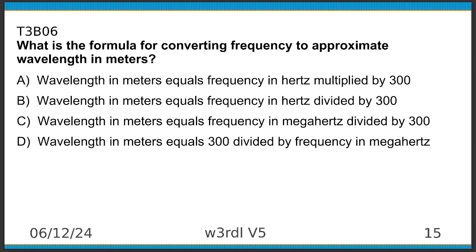We have the frequency and we want to find the wavelength in meters. Carl says C, wavelength in meters equals frequency in megahertz divided by 300. Other way around. So it's D: wavelength in meters equals 300 divided by frequency in megahertz, because we're using 300 instead of 300 million.